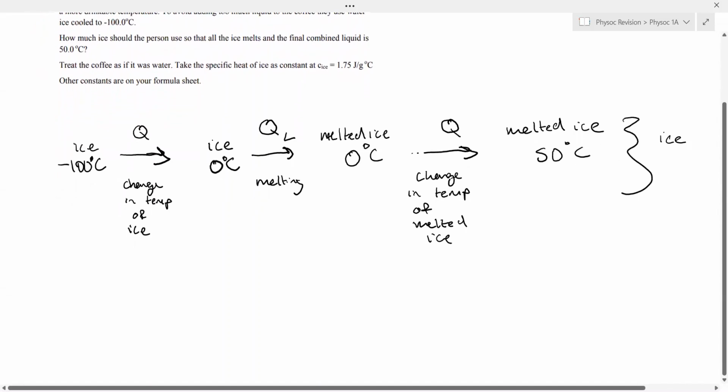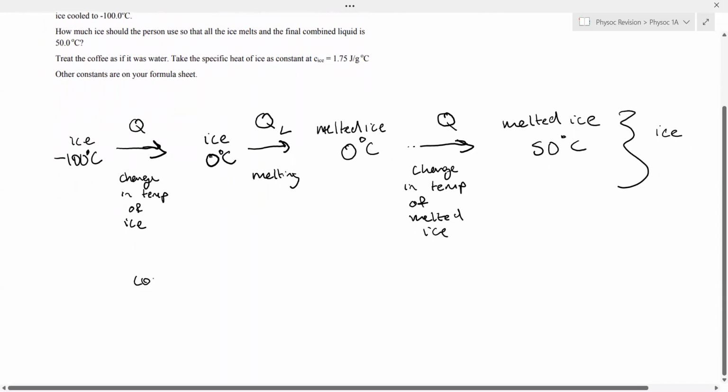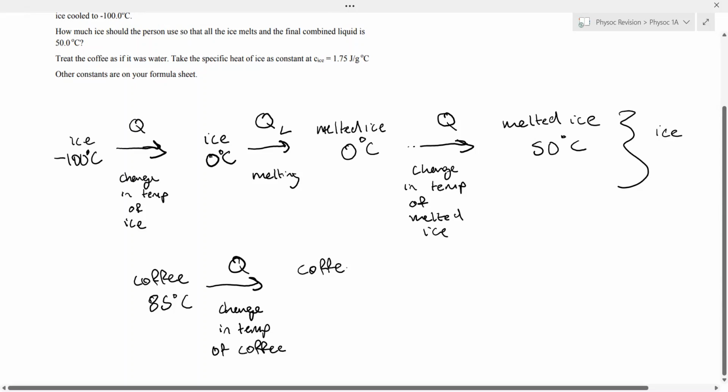Then for our coffee, we're going to have our initial coffee at 85 degrees Celsius, and we only have the Q there from change in temp of coffee, where we now have coffee at 50 degrees Celsius. So this is our coffee material.